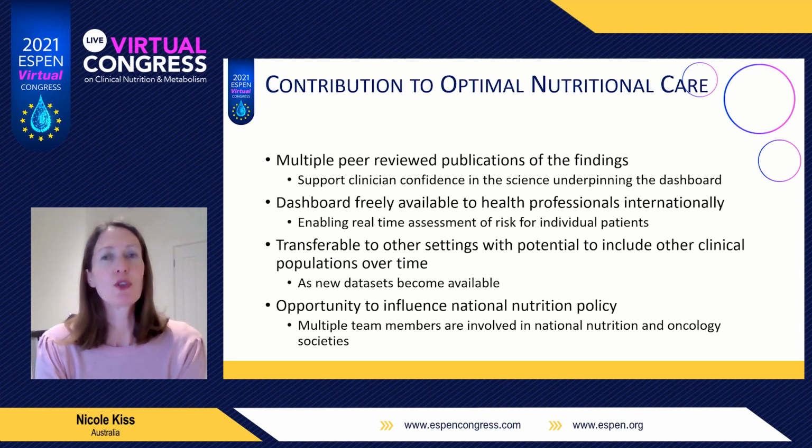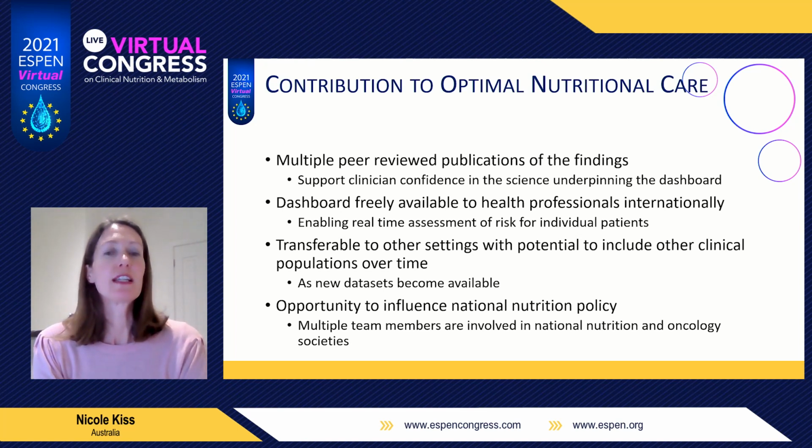We see this as an opportunity for collaboration and possibly the formation of a consortium where various data sets can be used and fed into the machine learning models and ultimately the dashboard to support decision making in not just cancer, but many different clinical populations.